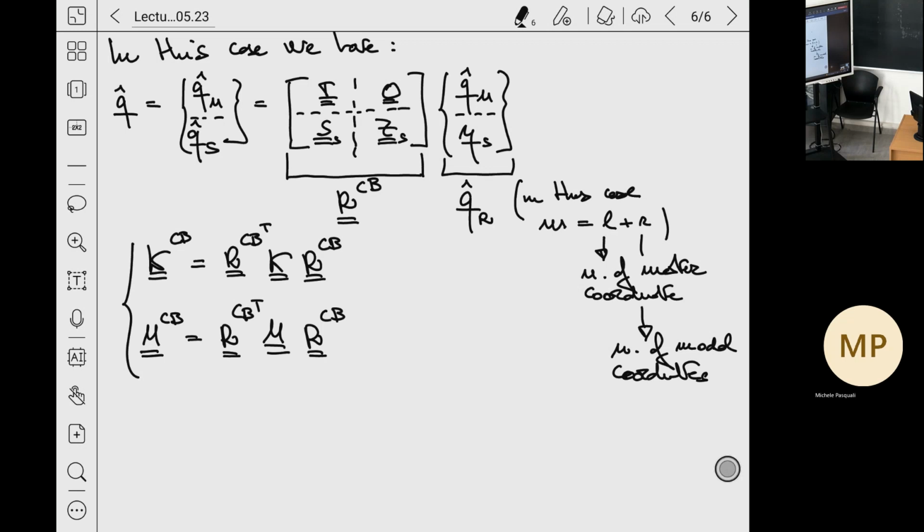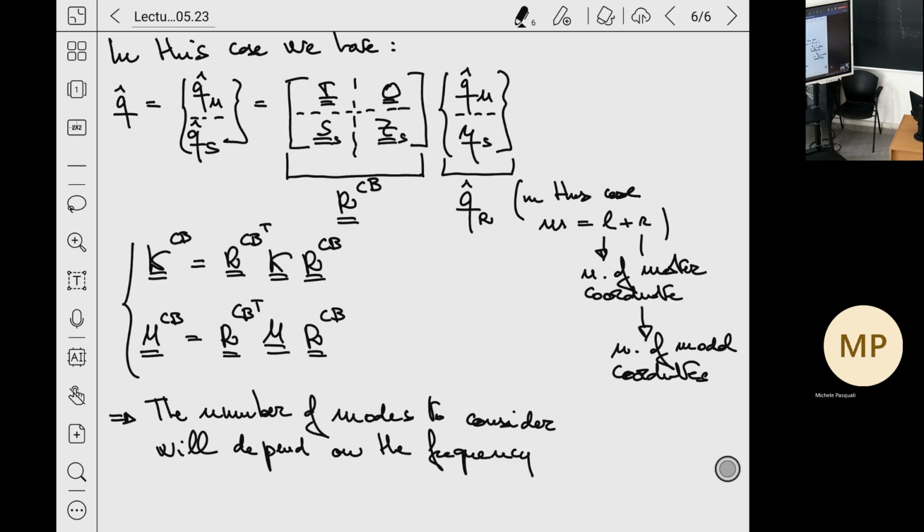Again, it depends on the frequency bandwidth of interest for the dynamics of my problem.